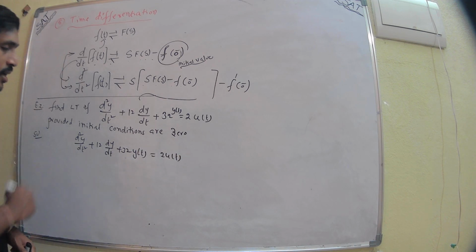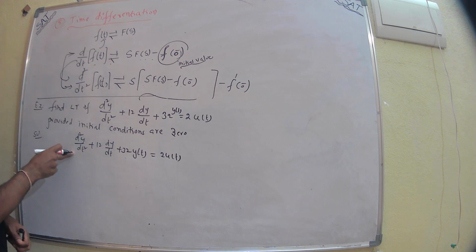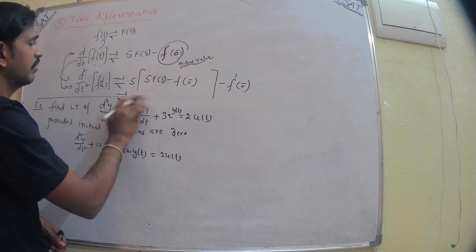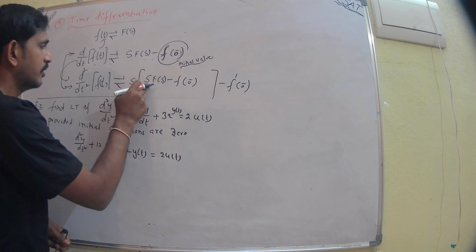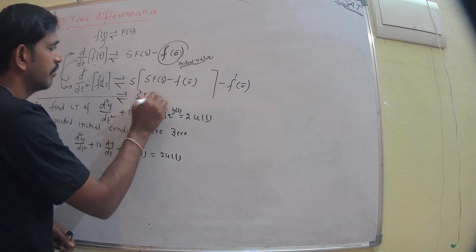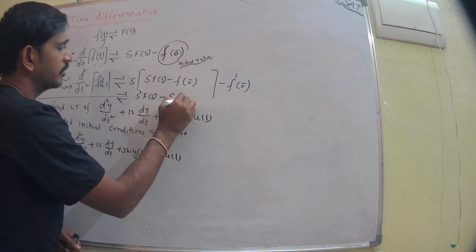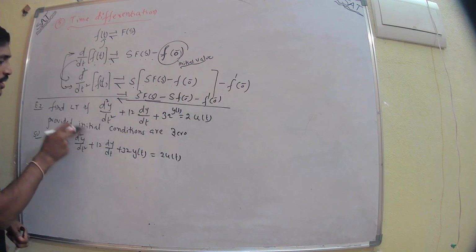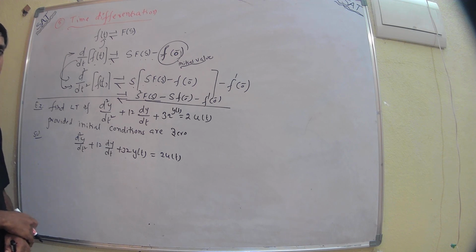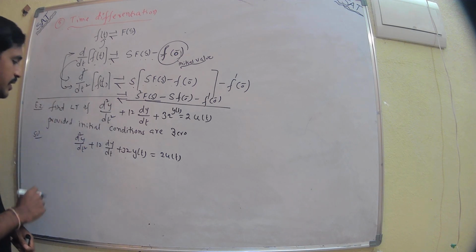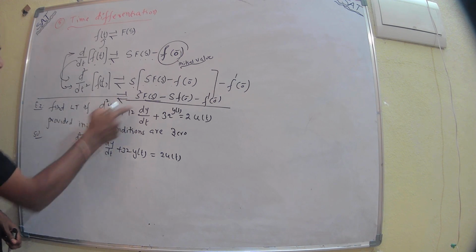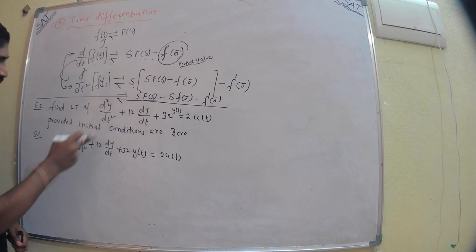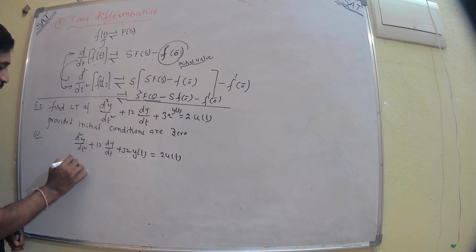Now apply the time differentiation property. This is the second order derivative, so by the homogeneity property, s square Y of s minus s into y of 0 minus minus y dash of 0 minus. The function is y of t, so its transform is Y of s.